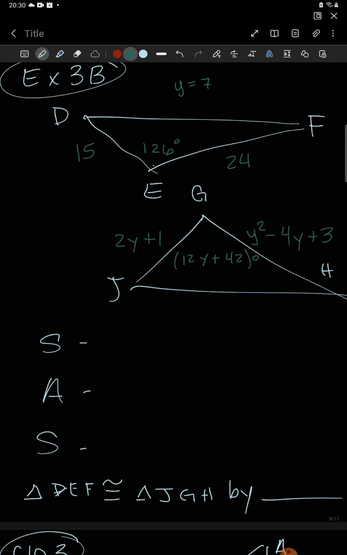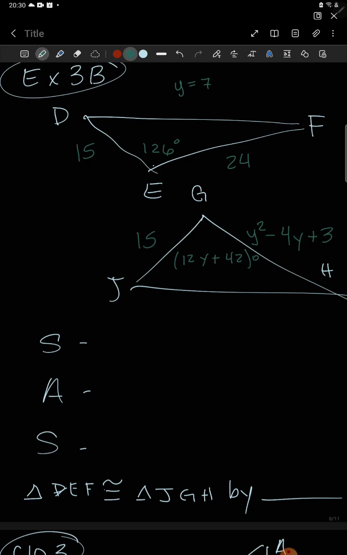Check it out. It looks simple enough. Okay, so if y is equal to 7, what is 2y plus 1? Well, 2 times 7 is 14 plus 1 is 15. So I'm gonna erase that, and I'm just gonna write 15. Well, look at that. It matches.